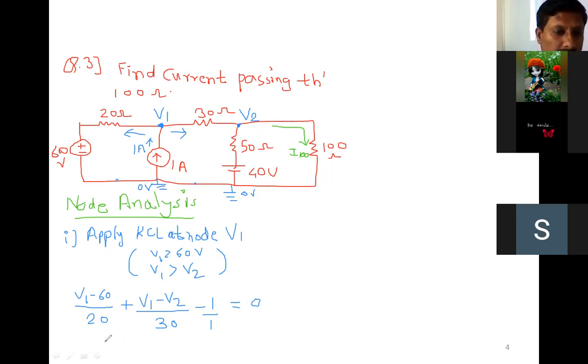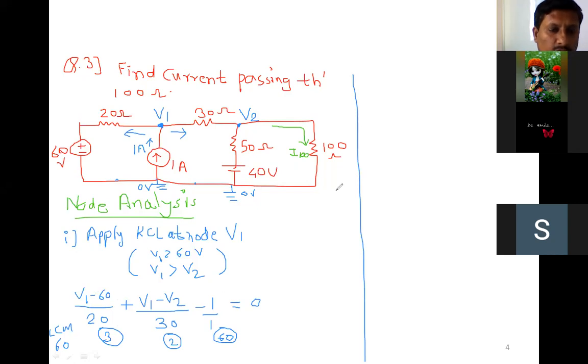So what we can do here, take the LCM as 60. Here multiply 3, here multiply 2, and here multiply 60. Whatever I have written in the circle, you have to multiply with respect to the numerator. Don't multiply here only.